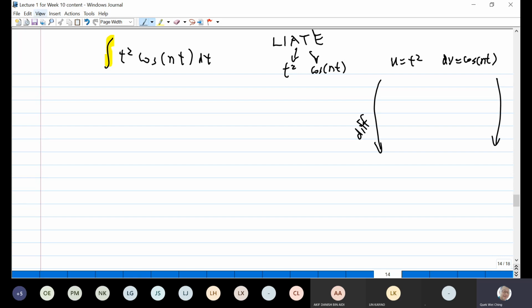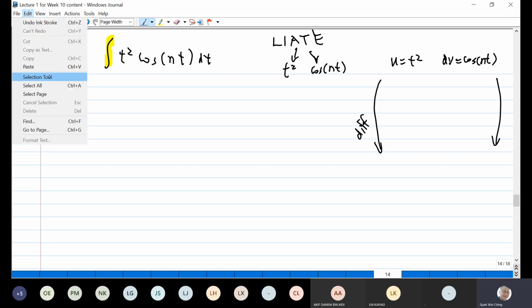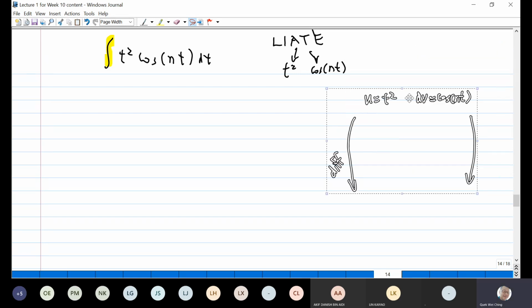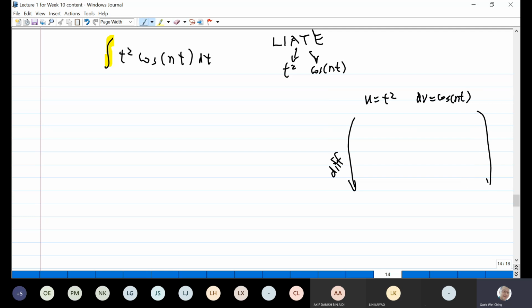Let me draw and select another page so I have more space to write here.